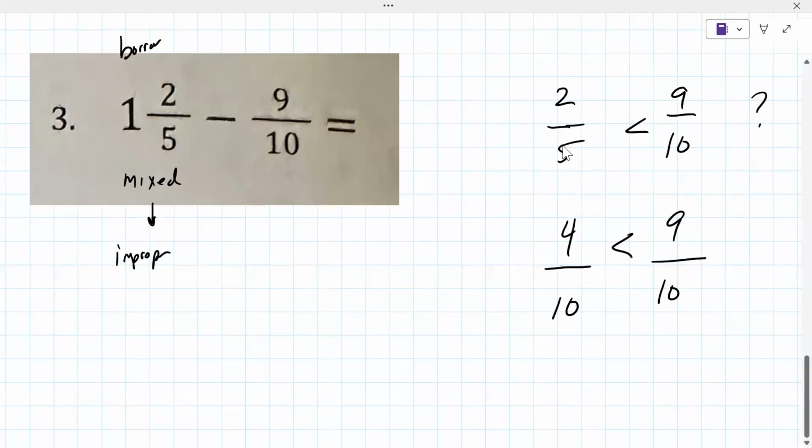You take the bottom number here, which is a 5, you multiply it by the 1, and then you add the 2. So this would be 7/5 minus 9/10. And now it's really a problem like you did in number 2. So make it 10. Then 14. So then that'd be 14 minus 9, which would be 5/10.